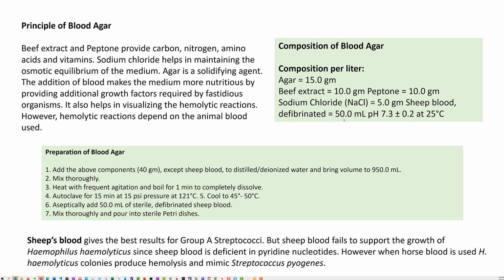So it's not a whole lot, but the media has to be cooled down to about 45 to 50 degrees Celsius, and then you can add the blood, usually pipetting it in, and then you mix it very carefully so you don't get bubbles.